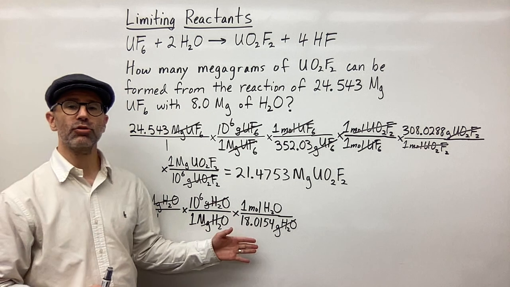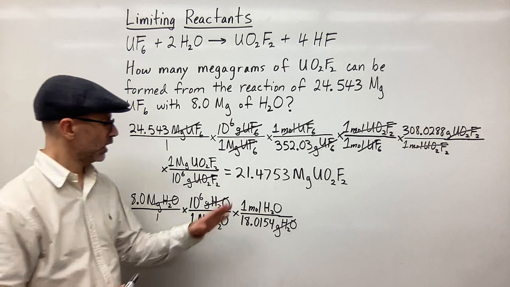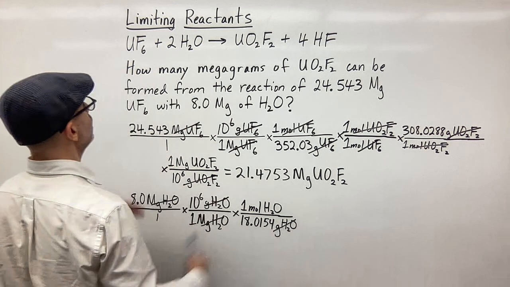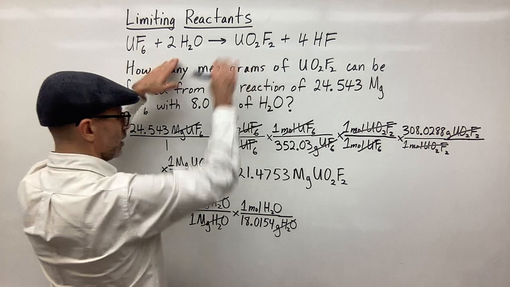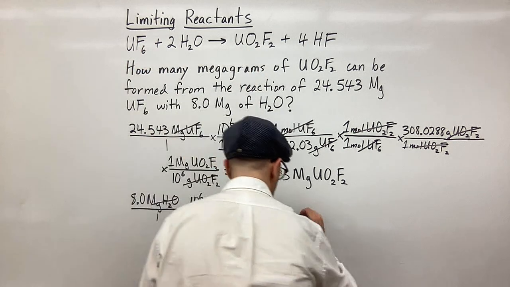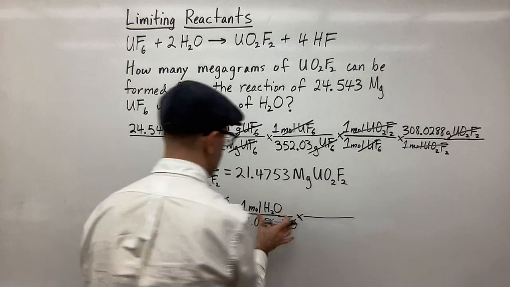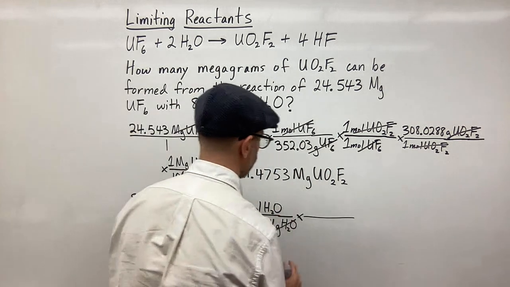So now I can use the mole ratio in my balanced equation. So moles of water to moles of the UO2F2. So it's 2 to 1. So I'm going to use that. Moles of water is on top, so I'm going to put moles of water on the bottom.